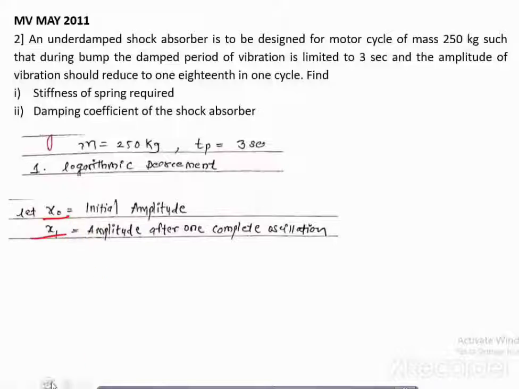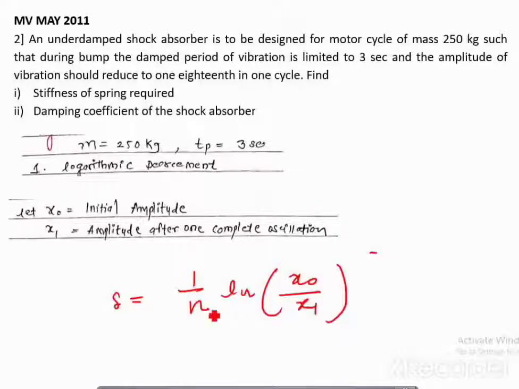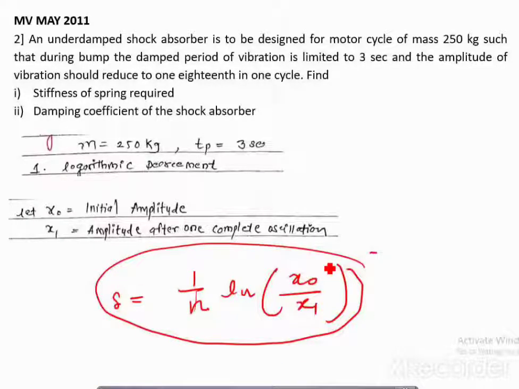Now you know the formula. What is the formula? We have already derived that delta, the logarithmic decrement, is equal to 1 upon n times ln of x0 upon x1. We use this formula for n cycles, where n is the number of cycles, x0 is the initial amplitude and x1 is the final amplitude.